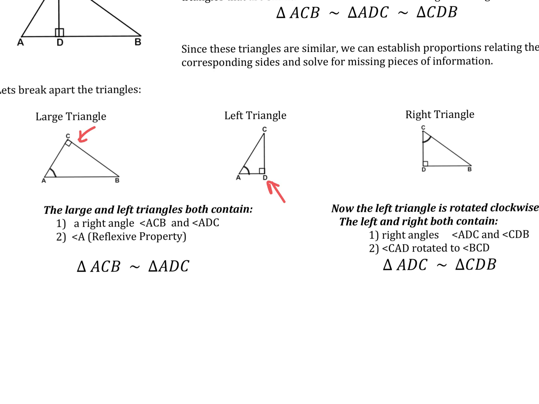Angle A is congruent to itself here, so there's another angle that's the same on both of these triangles. And if you know two of the angles are the same, there's 180 degrees total in the triangle, so if two are the same, that third angle, what's left, is going to have to be the same angle measure as well. And it's a similar idea if you look at what they've got for the last two there.